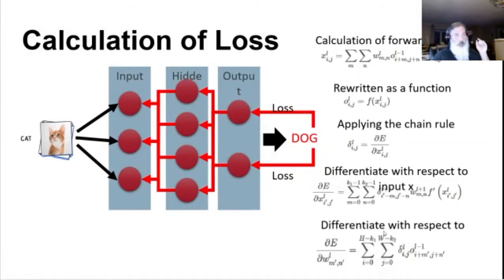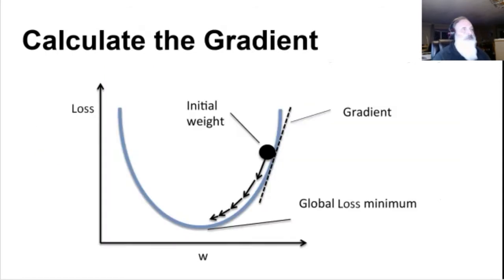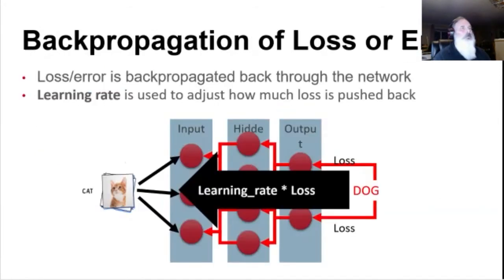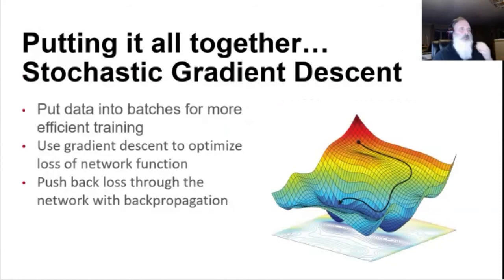By determining the differentiation with respect to weights, we can determine what's called a gradient, the direction and amount we can change that weight to train it to a value that aligns with what we want for the data that we've shown it. Okay, won't need to go over that too much. So again, that's pushing the loss through.